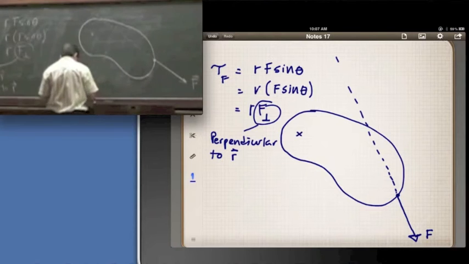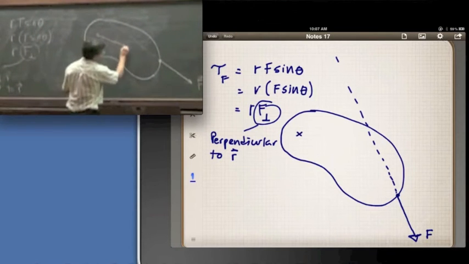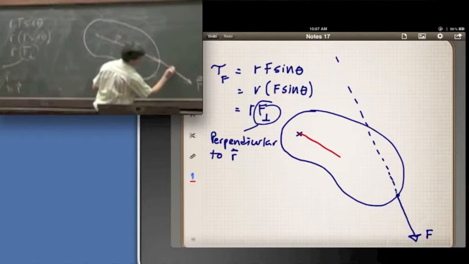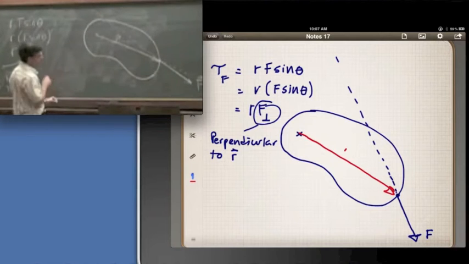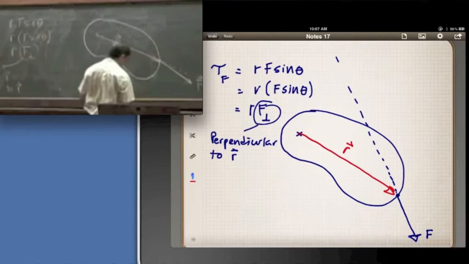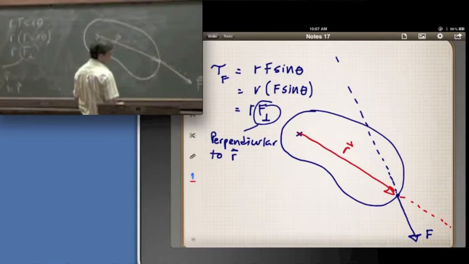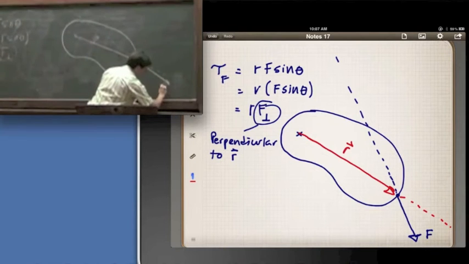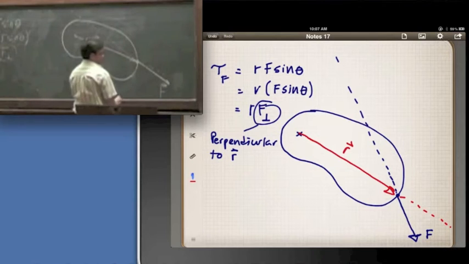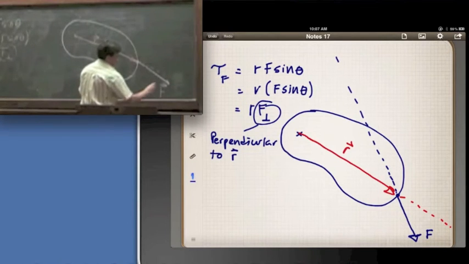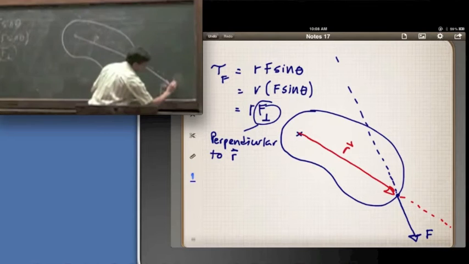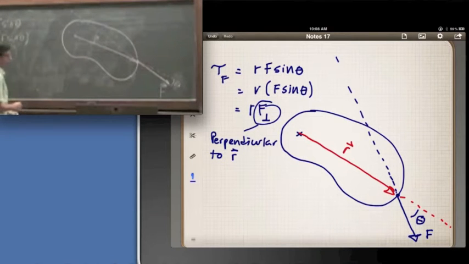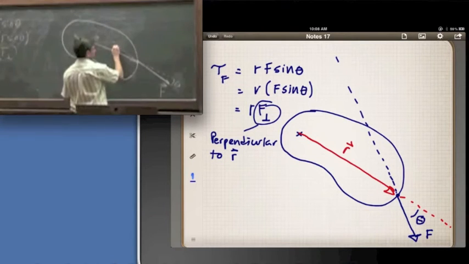This is the vector r. And the line along which r is pointing is this dotted line here. So this angle here is what we call theta, which is the same as this angle theta over here.